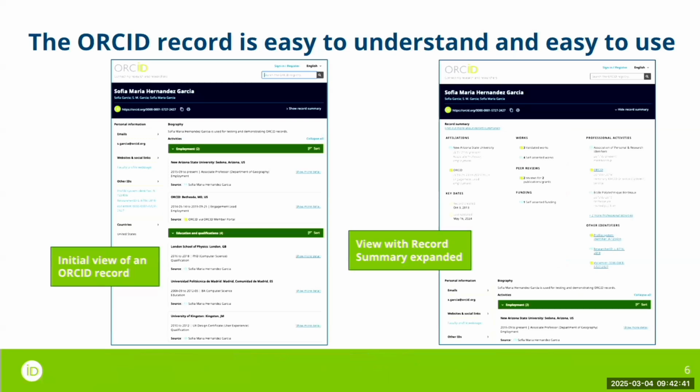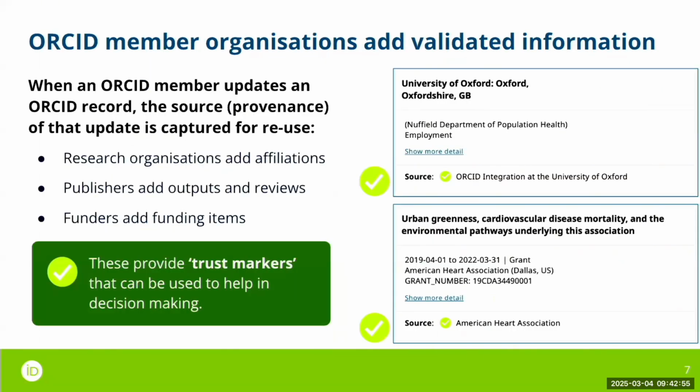Right, here's the record. We can also see the summary of the record, which is handy for busy people and decision makers. And you can just type in summary after your ORCID URL if you want to look at that. Estelle mentioned the trust markers.